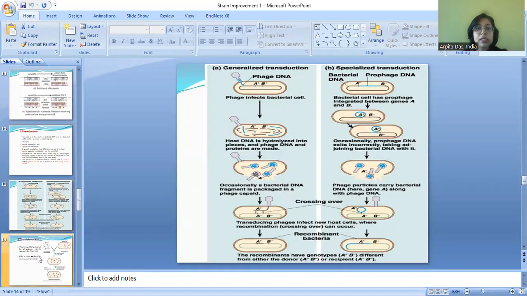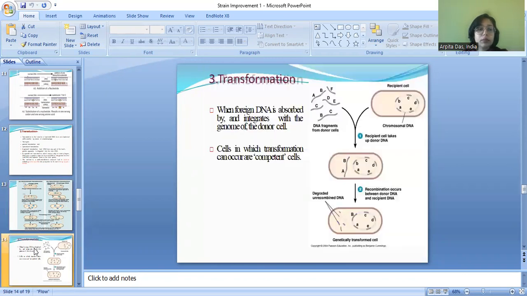The next methodology is transformation. You can see this is an easy diagrammatic representation of transformation. When a single-stranded foreign DNA is absorbed and integrated with the genome of the recipient cell, the microorganism absorbs single-stranded DNA from nature.